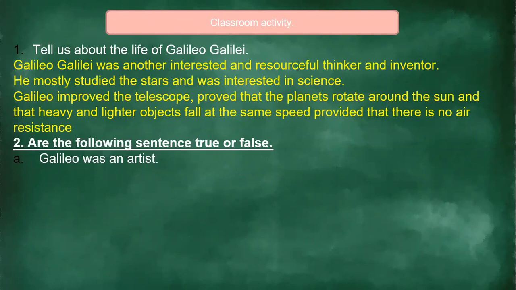Ma'am, the reason why I said false is that in the case study that we were studying, it never said that he was an artist. It only said that he was an inventor, a scientist, and a mathematics teacher. Okay. Thank you, Muhale.